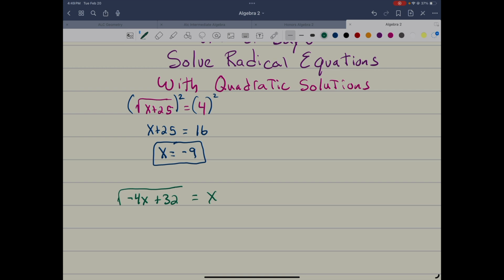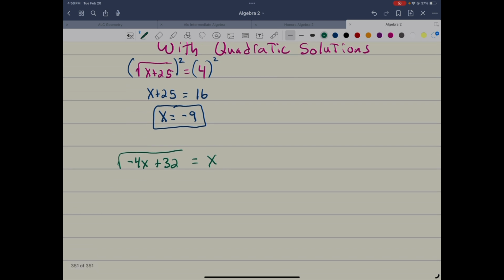And we're going to follow the same steps that you followed yesterday. First you're going to isolate the root, which in this problem is already done. The second part is we are going to square both sides to get rid of the square root. So I'm going to go ahead and square both sides.